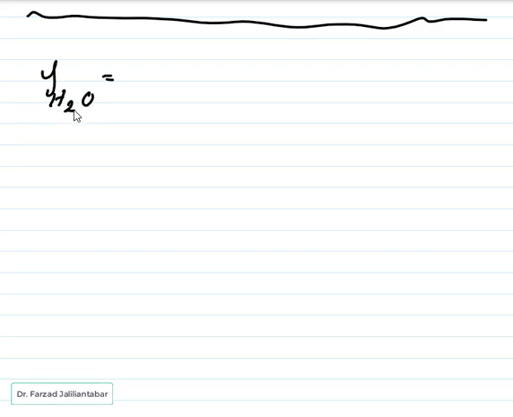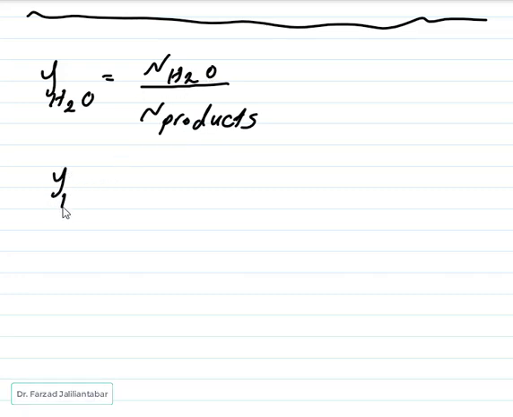The mole fraction of H2O or water will be equal to the mole of H2O divided by mole of the products. Okay, so let's calculate that.